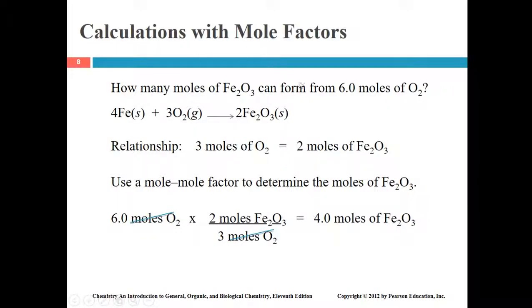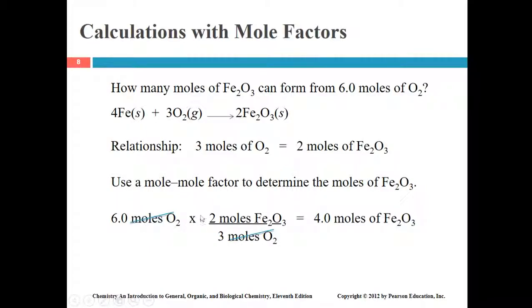So we're going to use the 3 moles of O2 to 2 moles of Fe2O3 because those are the labels that they ask for. And we'll do that by using our mole-to-mole factor to determine the moles of our iron 3 oxide. So we start with what's given, 6.0 moles of O2.